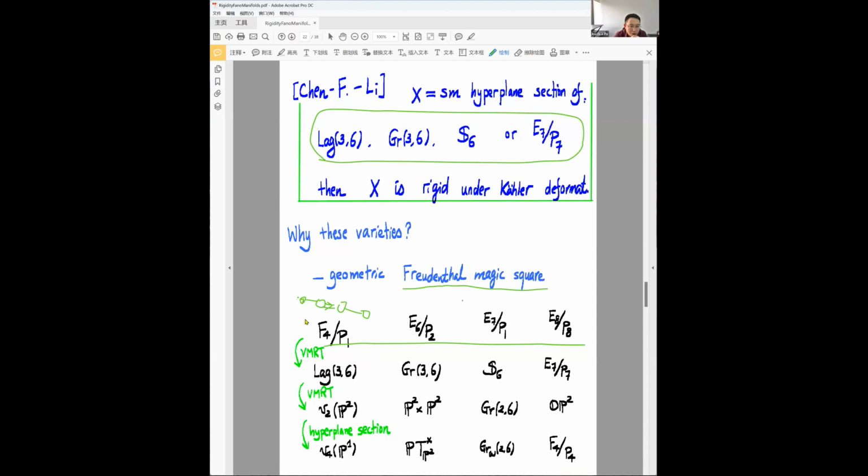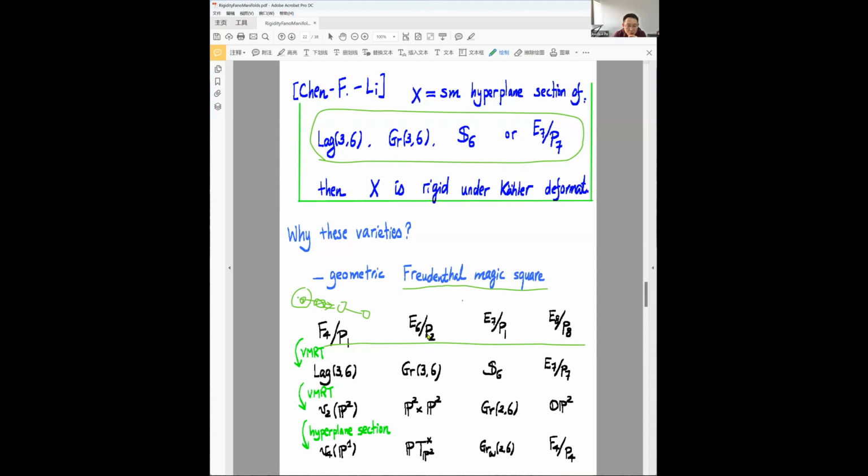This is a long root, and then for the VMRT you need to cut out this point, and then mark this point. And this is just given by the Lagrangian Grassmannian LG(3,6). It's equivalent to this variety.